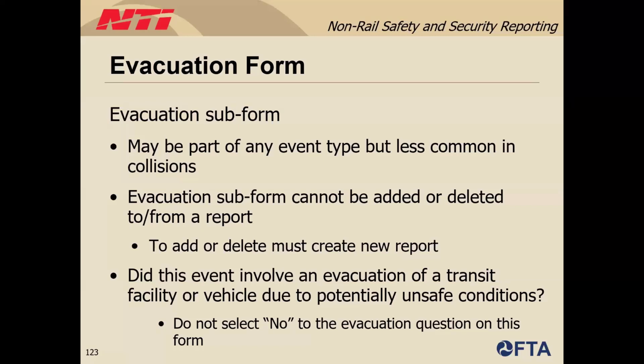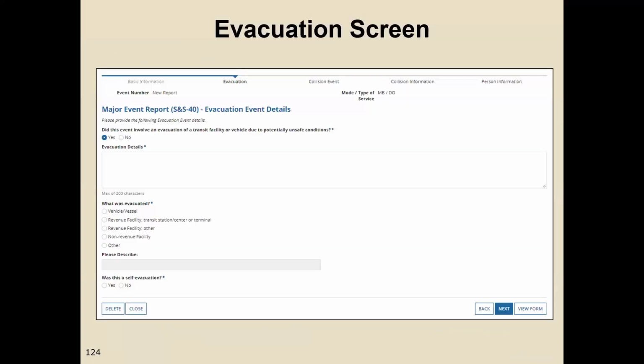The evacuation subform includes a verification question to confirm the evacuation was for a life safety or potentially life safety condition. Please do not answer no to the evacuation question. If the evacuation is not for life safety, then delete the report and create a new one by answering no to the evacuation question on setup screen 2.